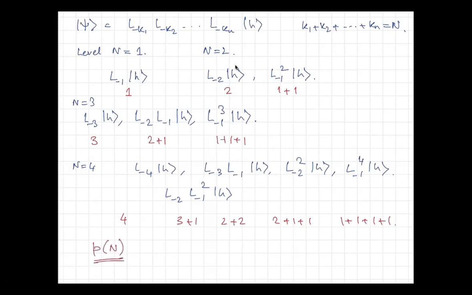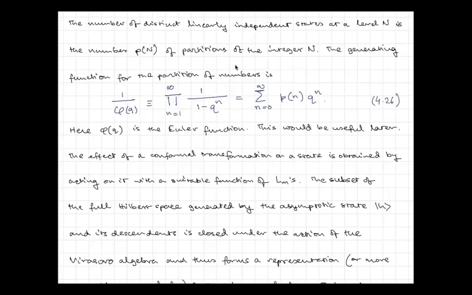Pn, the partition of the number n basically. So the distinct linearly independent states at a level n is clearly the number Pn, which is the number of partitions of the integer n.